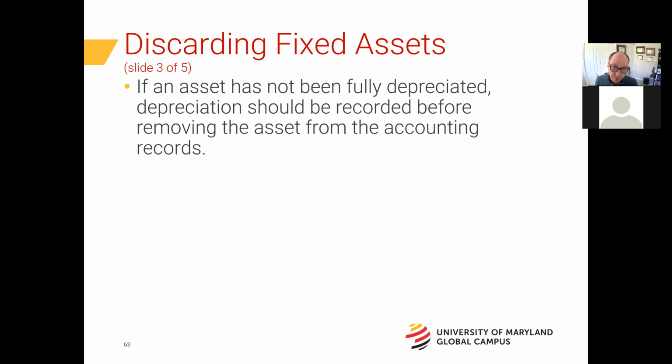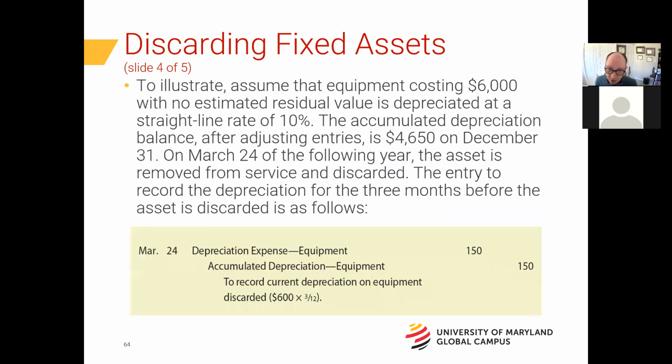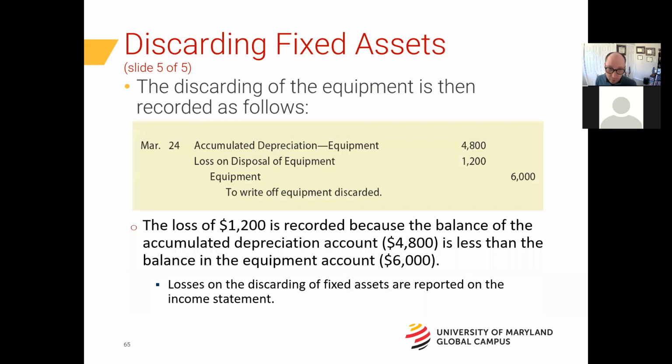If it has not been fully depreciated, obviously we would need to record the remaining depreciation prior to removing it from the books. And in this example, we are making that adjusting entry to fully depreciate the asset before removing it from the books. $150 was the remaining depreciation expense. So debit depreciation expense, credit accumulated depreciation for that equipment, and you want to do that before you remove it from your books.